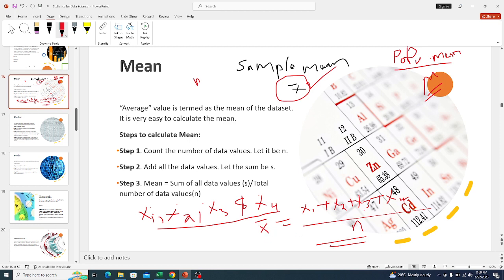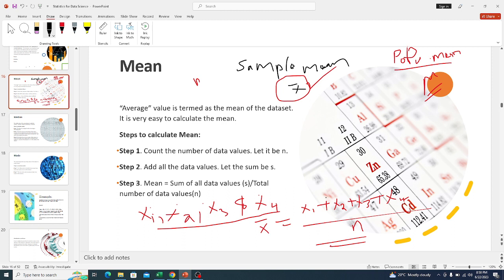We can also try to make this formula a bit smaller by use of summation sign.